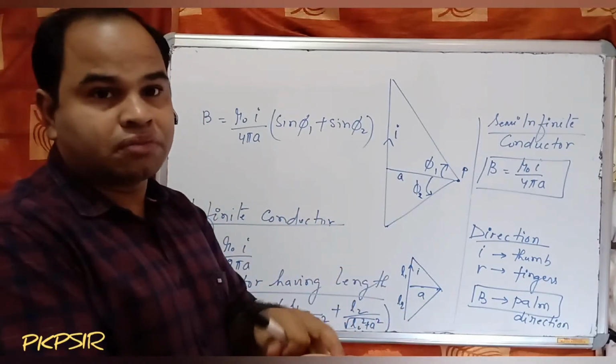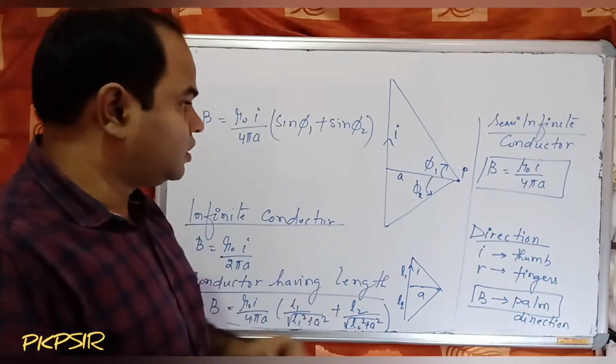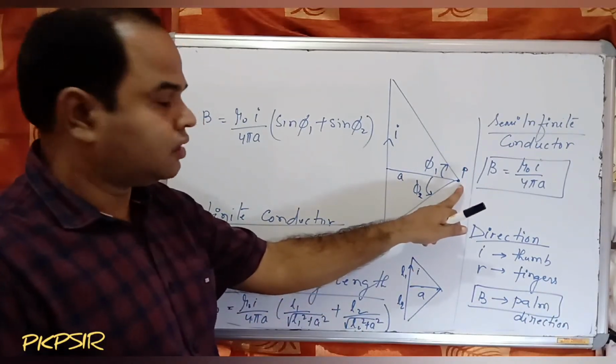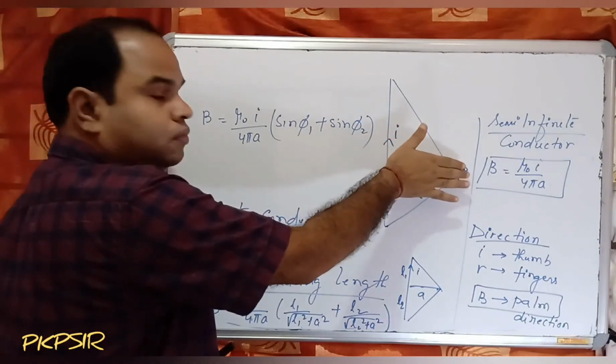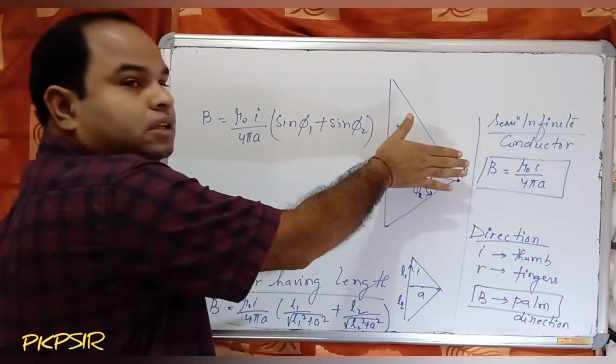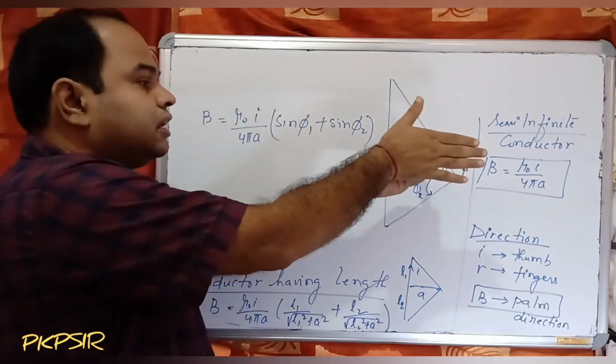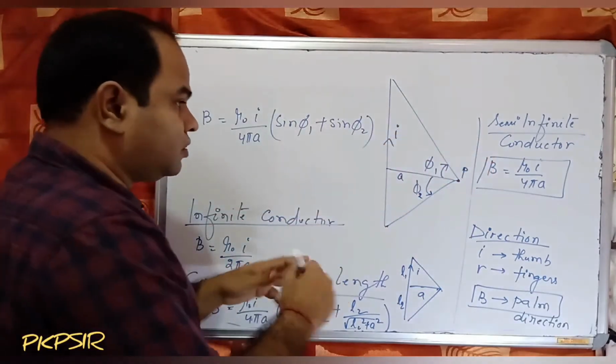The direction of the palm gives the direction of the magnetic field. If the point is outside and the current is upward, the direction of the palm, and hence of the magnetic field, is inward.